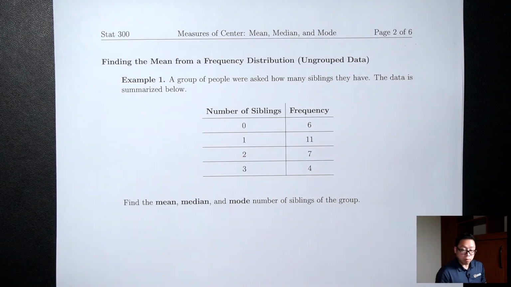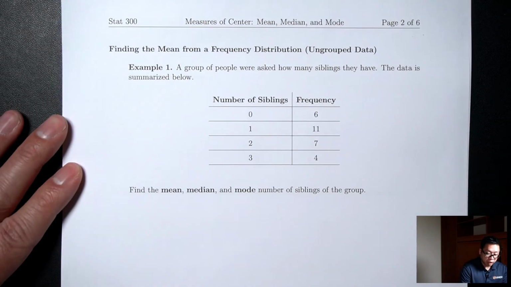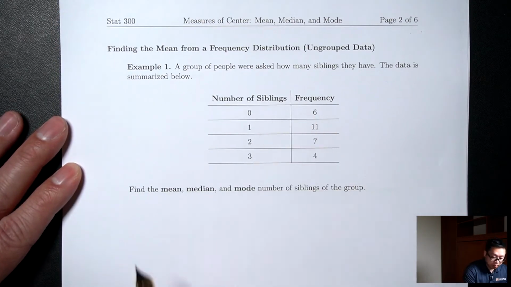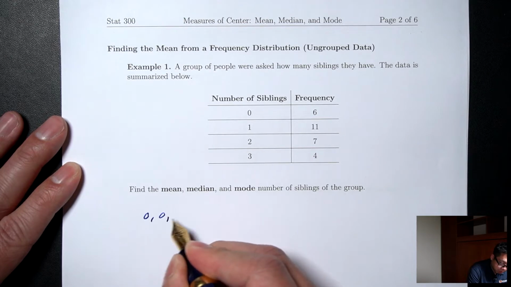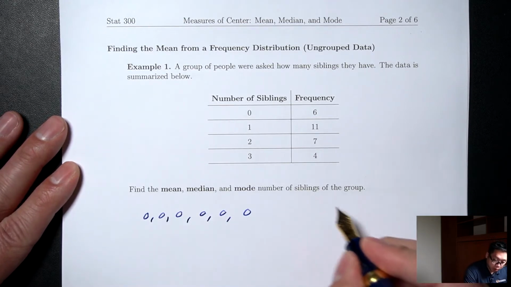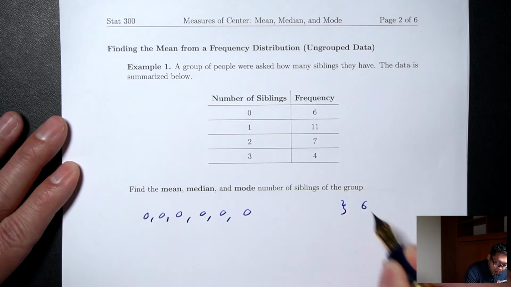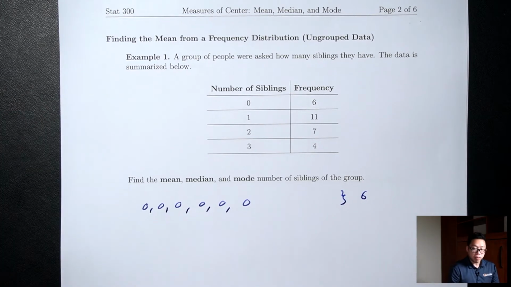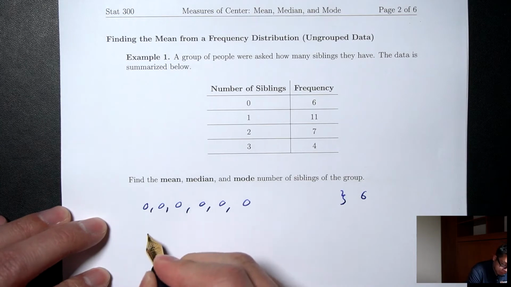So let me write all that out. So in my original data, I should have 6 zeros. Okay, those are my 6 zeros. Let me just keep track that there's 6 of those. There's 11 ones.